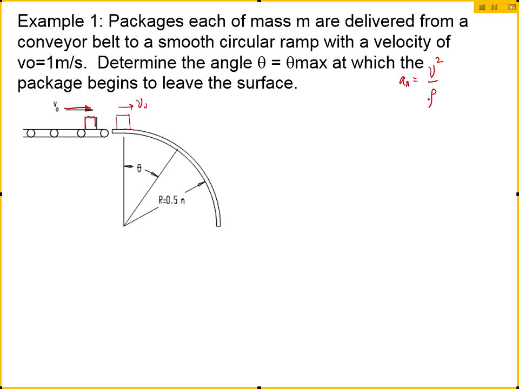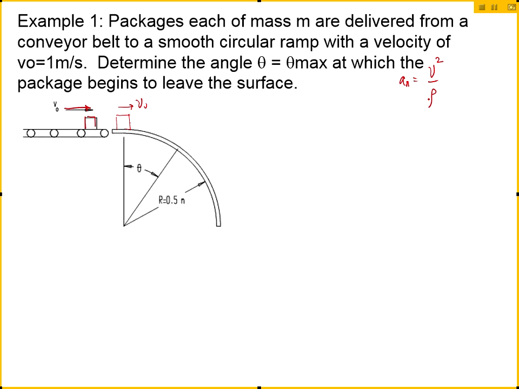If I increase V, it either increases the normal component, or for the same normal component, what will happen to rho if I continue increasing V? It will increase. It has to increase the radius of curvature, right? If you increase V and keep AN the same, rho has to increase also.